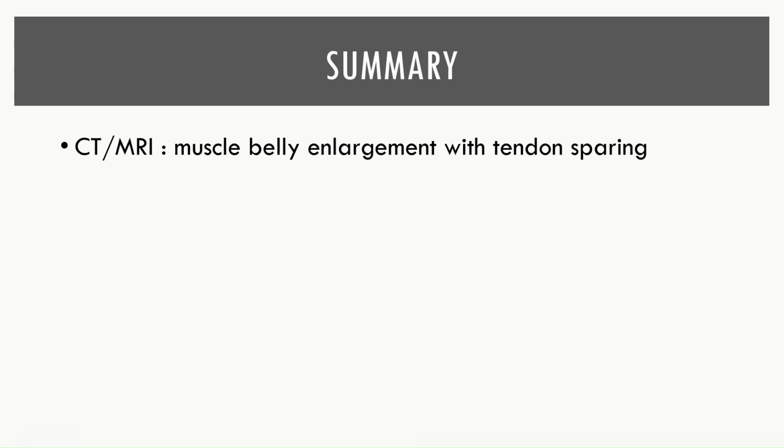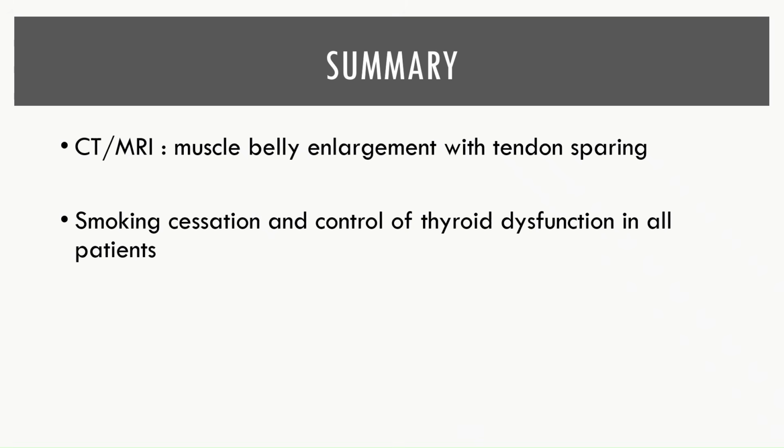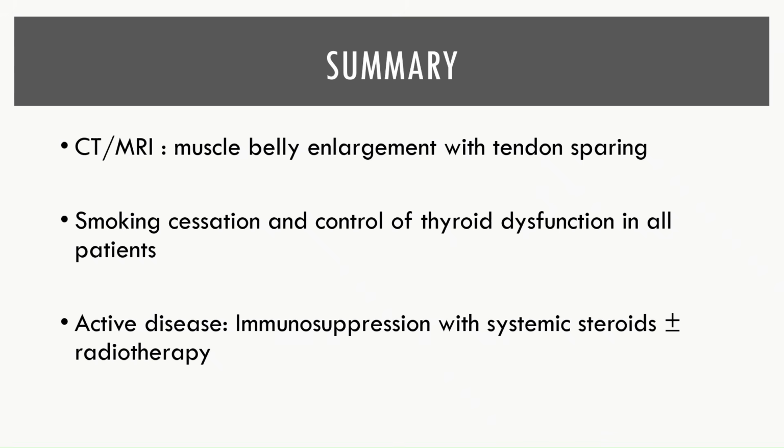To summarize, CT or MRI shows the typical muscle belly enlargement with tendon sparing. Smoking cessation and control of thyroid dysfunction is essential in all patients. In moderate to severe active disease, immunosuppression with systemic steroids plus or minus radiotherapy is essential.